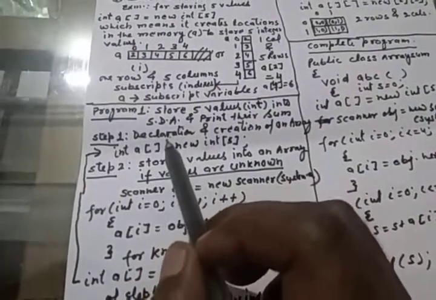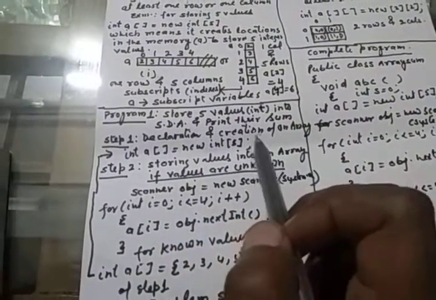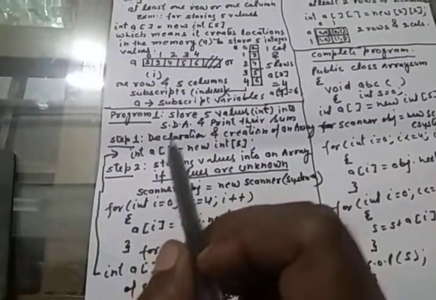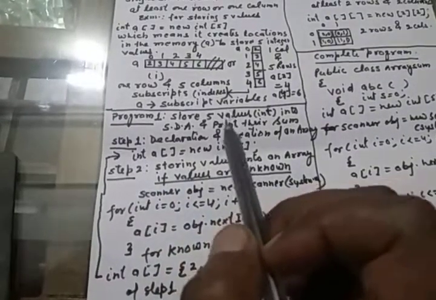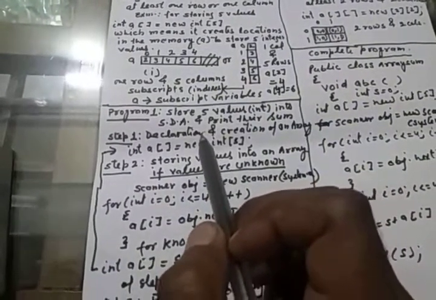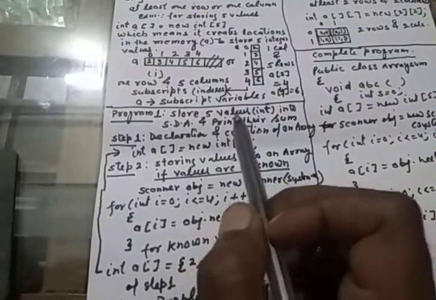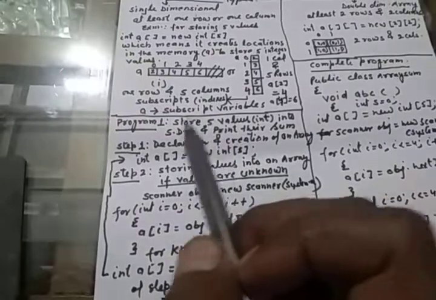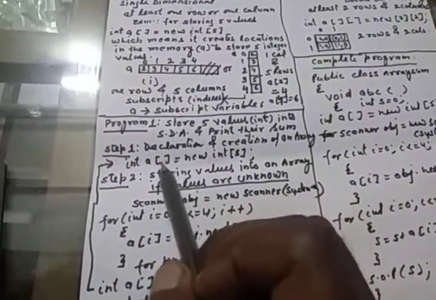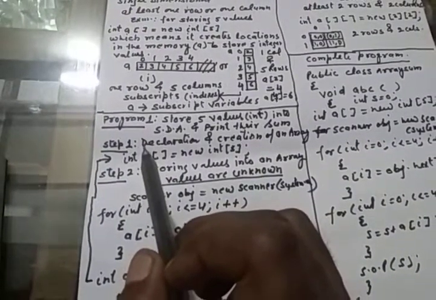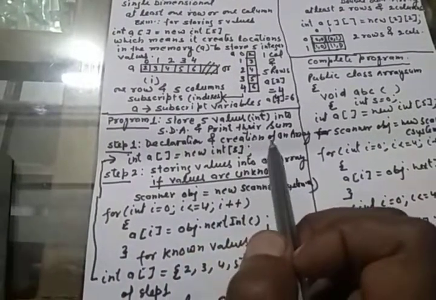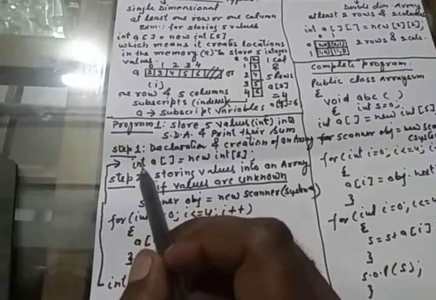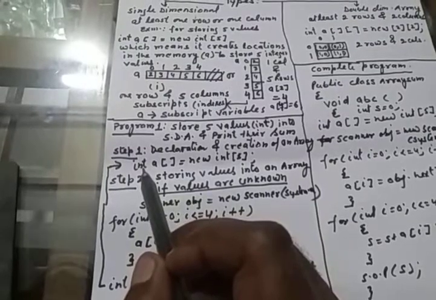So the first step is declaration and creation of an array. Please remember this point. If you are doing programming related to array, meaning a series of locations, the series of locations must be allocated to the memory variable first, then you can store the values. So step 1 is declaration and creation of an array. Declaration means which type of value you want to store into the array.